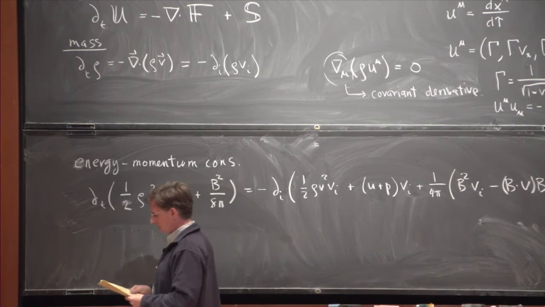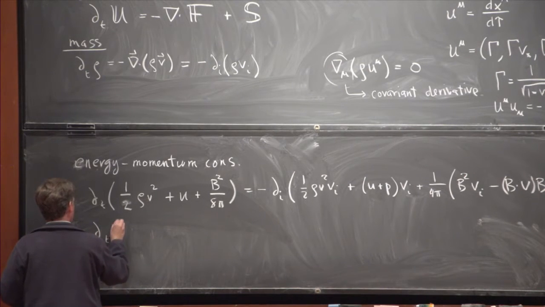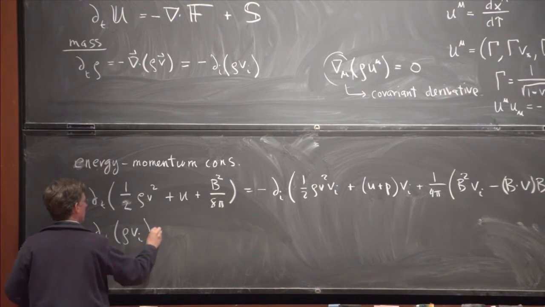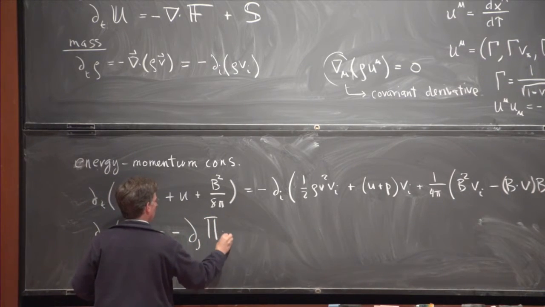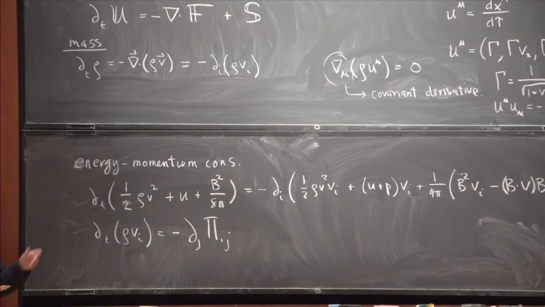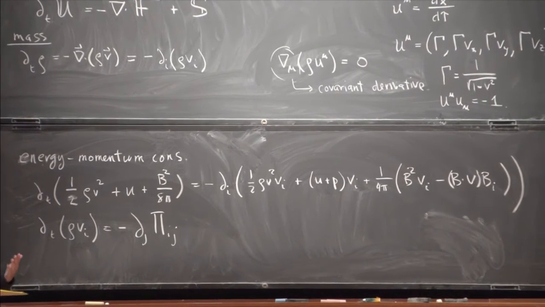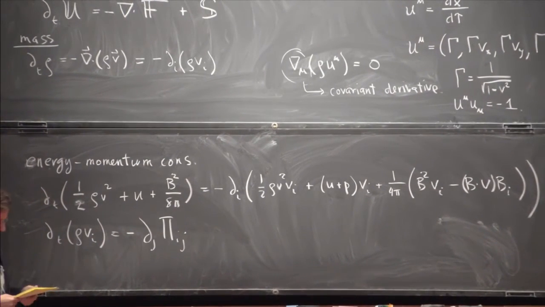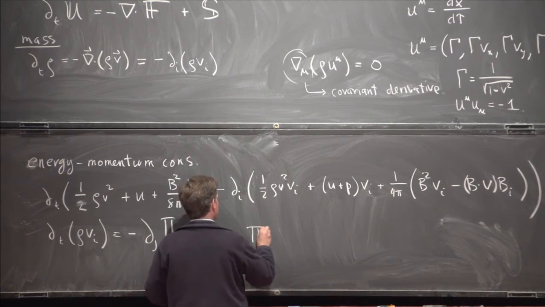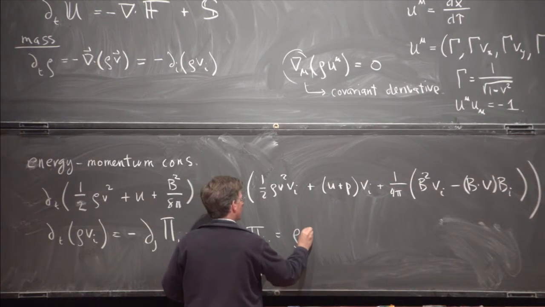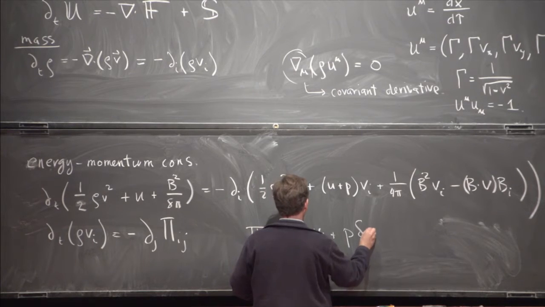Okay, so then the momentum equation looks like this, where pi ij is the stress tensor. So the stress tensor describes transport of I momentum in the j direction, the flux of I momentum in the j direction. And the stress tensor looks like this.